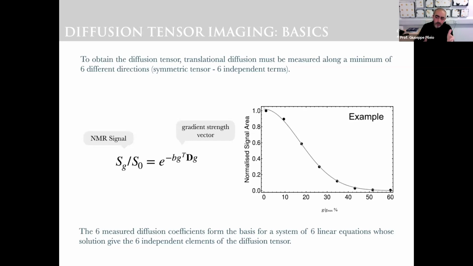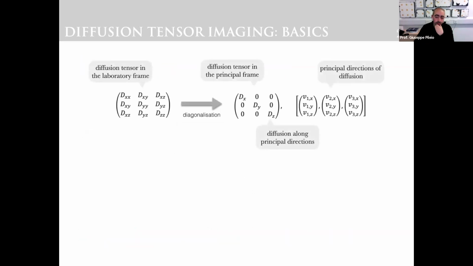You can fit them all together to get the 6 different diffusion coefficients, which you use to build this tensor, which is basically the diffusion in the laboratory frame. Then you can diagonalize it, so you now get diffusivities along the principal directions. And the eigenvectors are the directions where the diffusion has these diffusivities, so the preferred direction of diffusion.